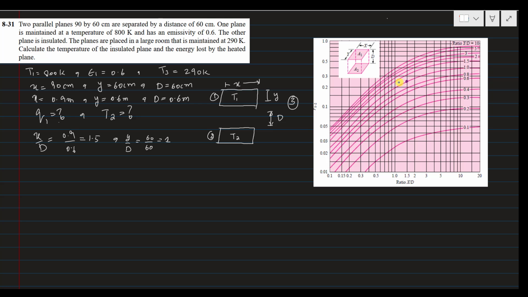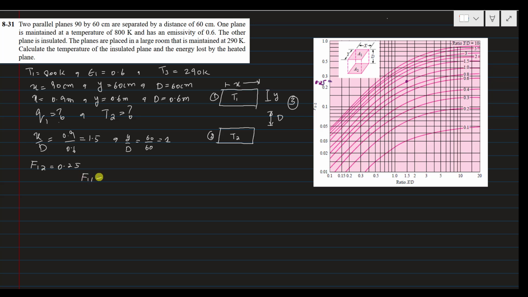Now from this, move to the left side until it coincides with the y-axis, and here you will get the shape factor for these two planes, F12, which is almost 0.25. So the shape factor F12 from this graph with the help of these ratios is 0.25.